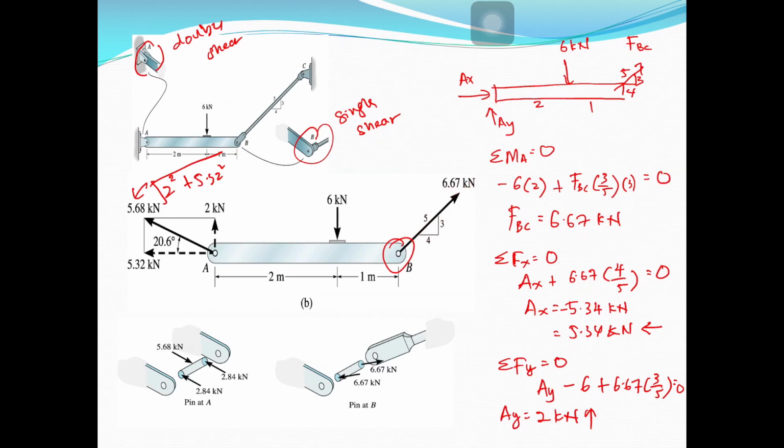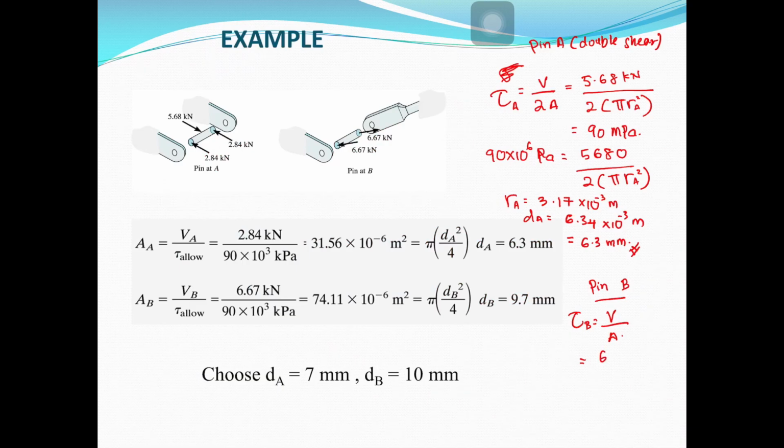Alright. So 6.67 kilonewton over pi rB squared is equal to, same, right, 90 megapascal. So you find the rB.